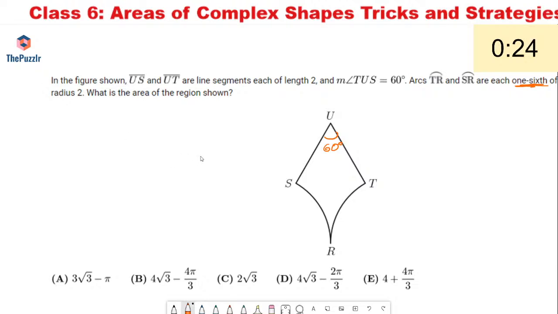Yeah, don't worry about the problem being sort of cut off some. It's fine. It just says are each 1/6 of the circle with radius 2. I just want to make sure that the problem is big enough for you guys.